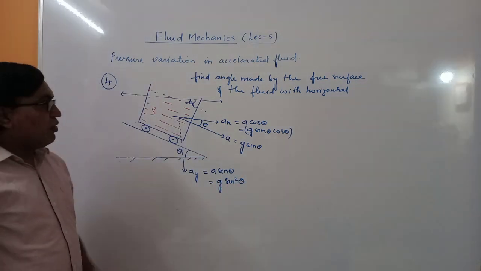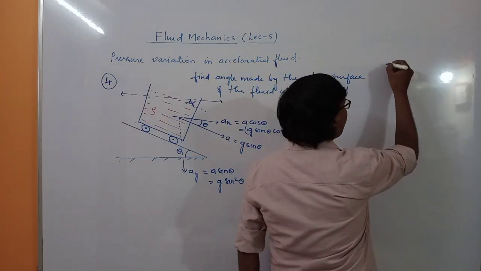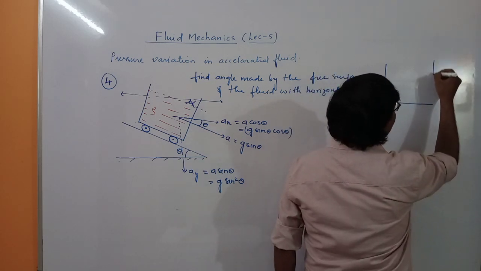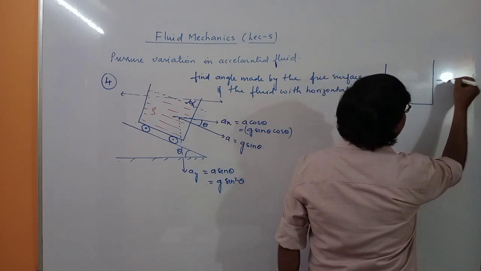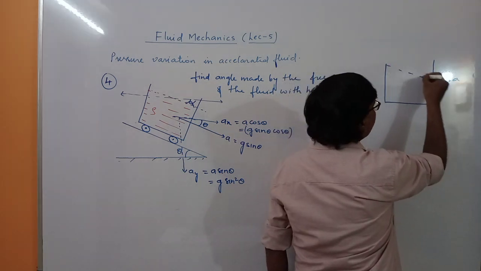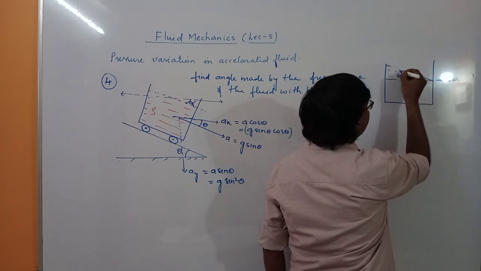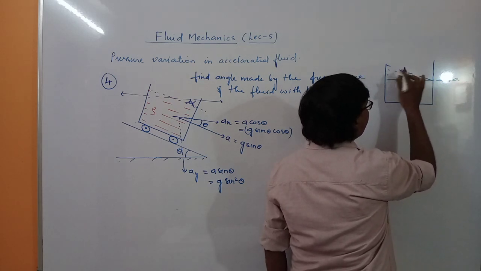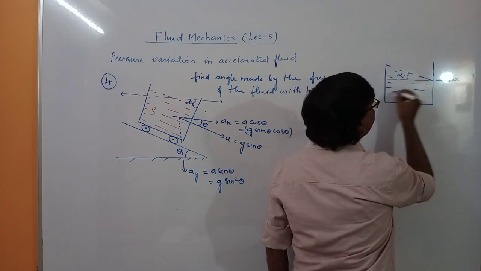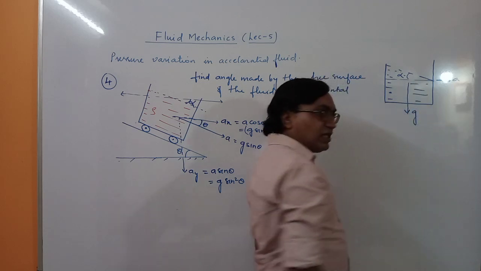Fine. So now what is the idea here? The idea is, we have seen that suppose if this container is accelerating with acceleration a along horizontal direction, then the free surface of the fluid makes an angle, and for no confusion, we will take again angle alpha, and acceleration due to gravity was vertically downwards.